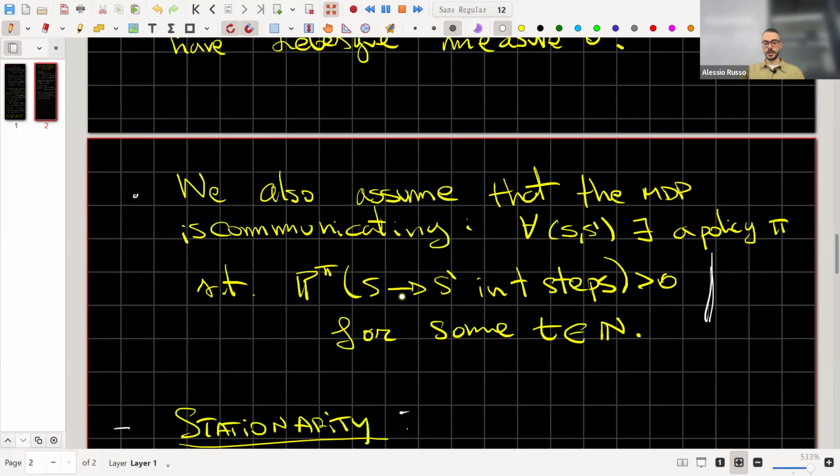So here we have that the probability under this policy of going from S to S prime in t steps is bigger than 0 for some value of t. If you imagine a graph, it means that the graph is well connected so that between two nodes in the graph, you can always find a way to go between these two nodes.